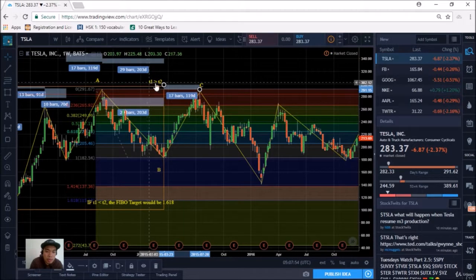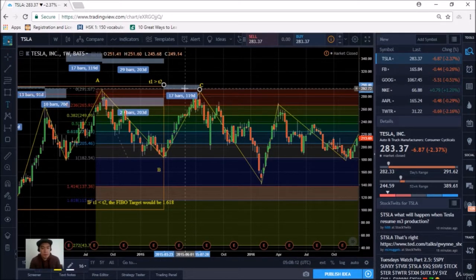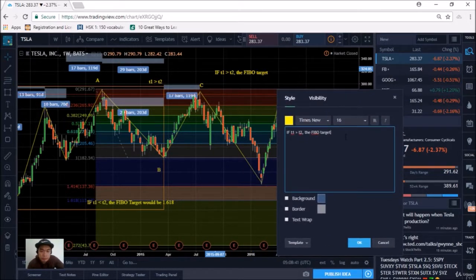Now compared to the upward or bullish market, for the downward market, if T1 is more than T2, the Fibo target would be 1.618.